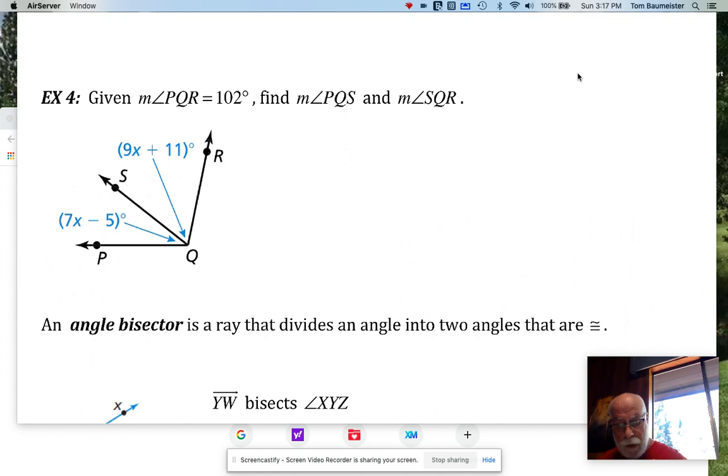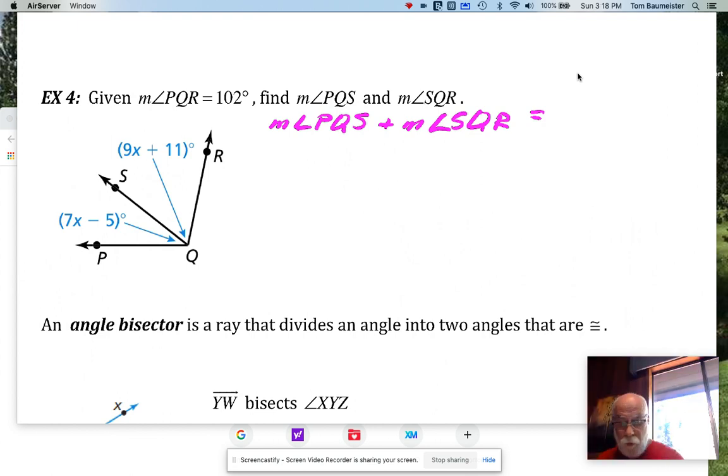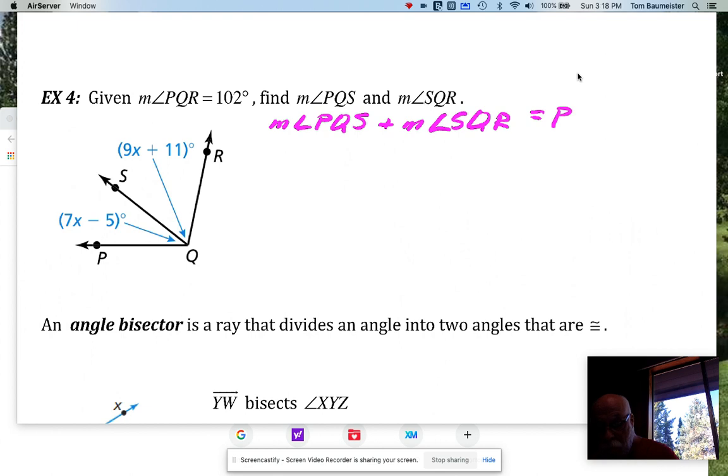By our addition postulate that we just saw, we can say that the measure of angle PQS plus the measure of angle SQR is equal to the measure of angle PQR. And again, let me fix that, because it says the measure, so we're going to be using numbers.